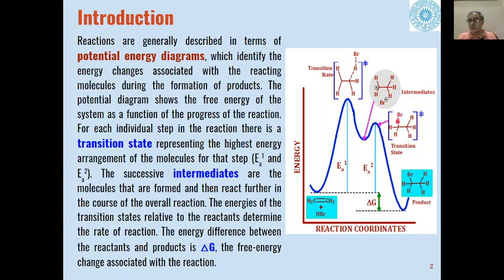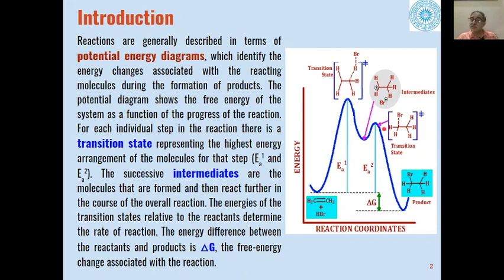And when this Br negative approaches this carbocation, then the energy of the system will again rise. If we take the energy of the reactant as 0, this much energy is required for conversion of the reactant into this transition state. This is the step 2 reaction, and the activation energy required is EA2.